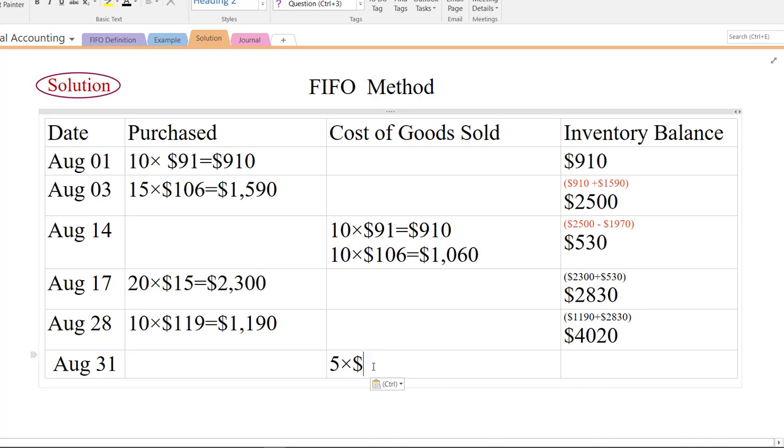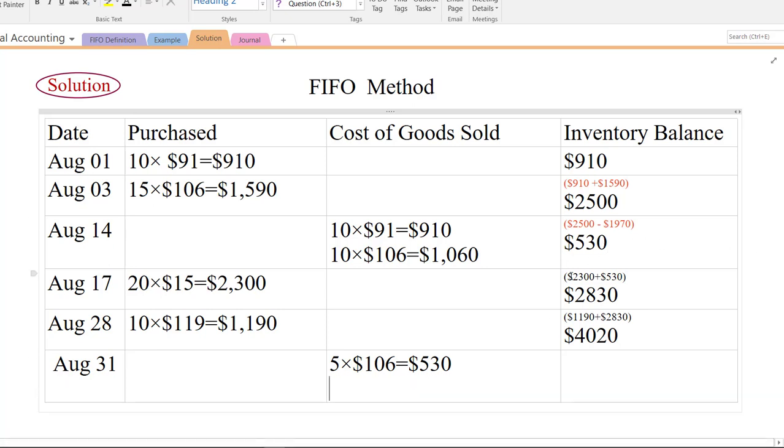So now students, this is the question: the 5 units, which are the oldest inventory, what is the cost for it? Obviously, the 5 units are from August 3rd. So the cost is how much? 106. 106 is the cost of it. So this is equal to how much? 530. This is equal to 530, as you can already see here.